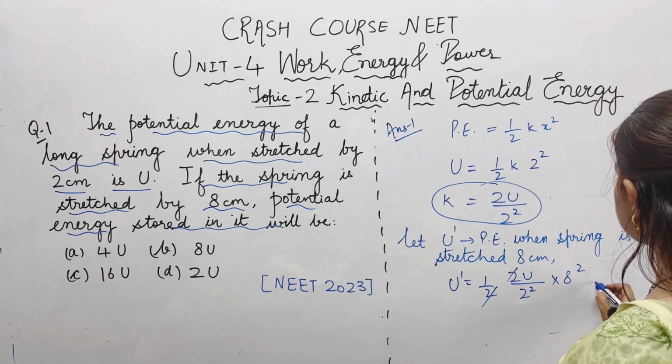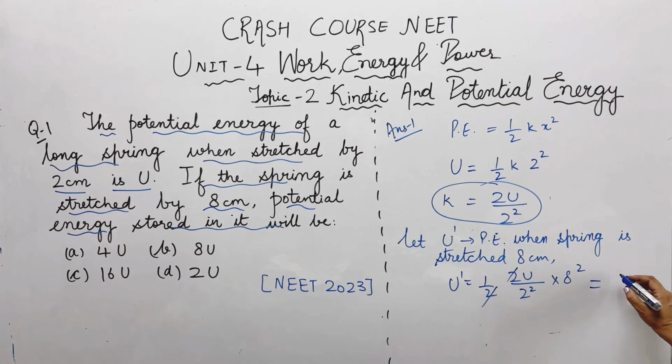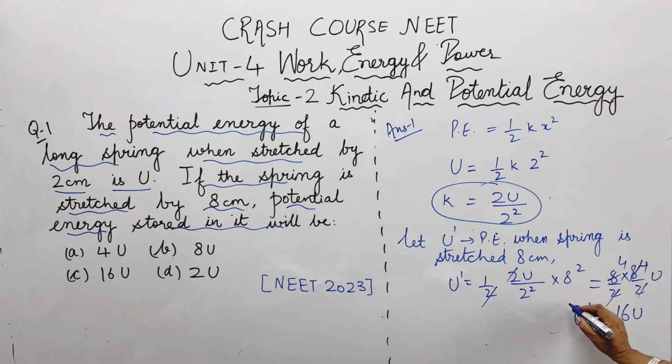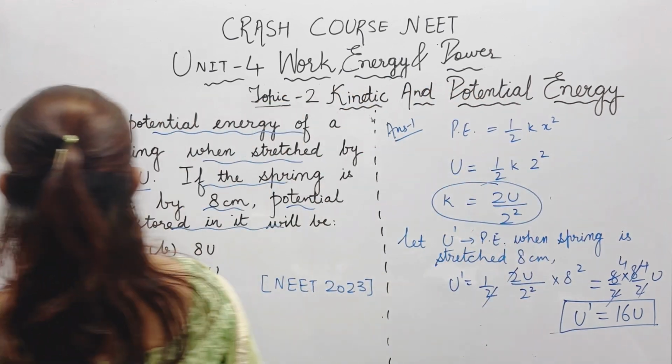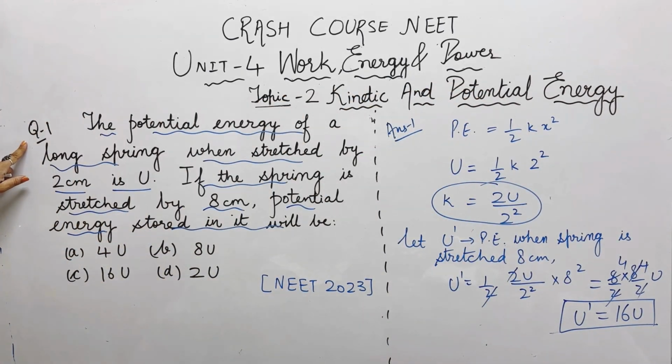So this cancels, and here we have 8 into 8 by 2 into 2U. The value is 16U. So U dash is 16 times the potential energy when it is stretched 2 centimeter. So answer for the question number 1 is option number C, 16U.